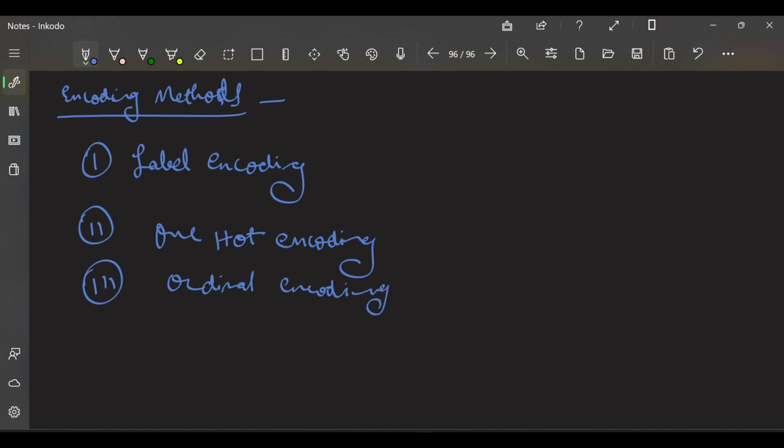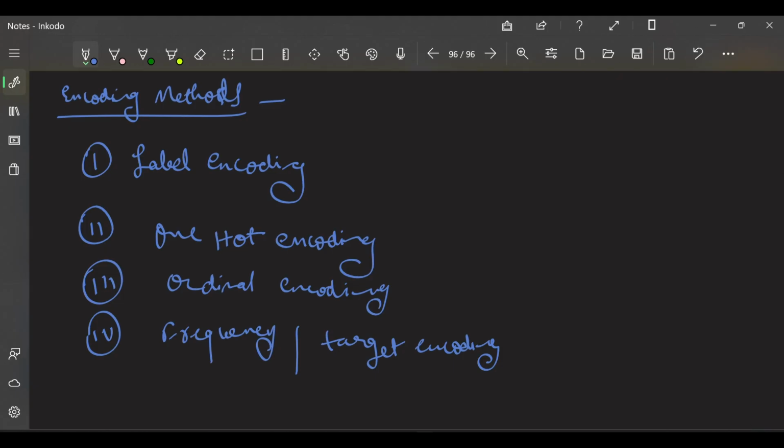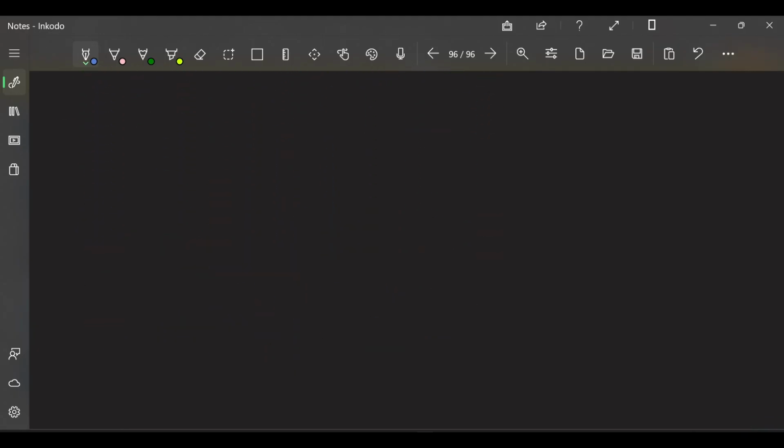And the fourth one, which is the last one, is frequency or target encoding. Okay, so let's talk about the first, which is label encoding.